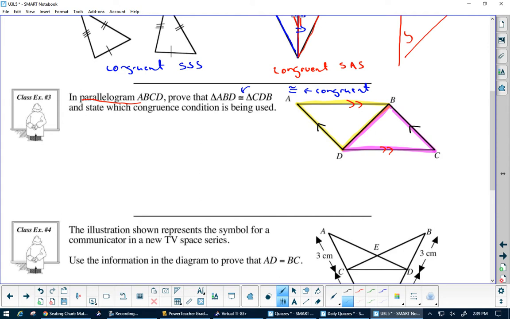Yeah? No, this doesn't mean they're the same length. This just means they are parallel to each other, right? This means they would be the same length, but we don't know that. They don't give us that.